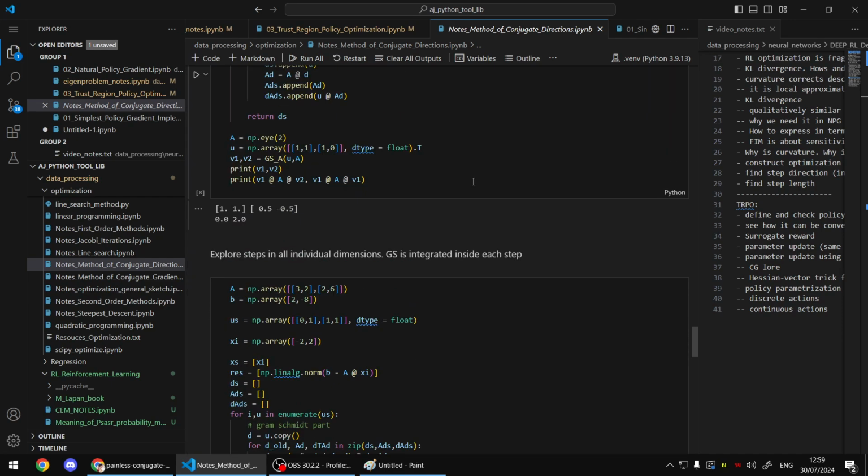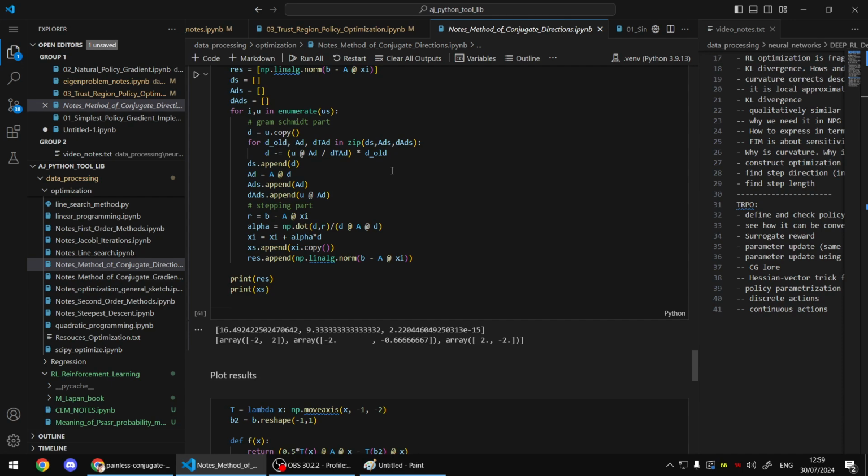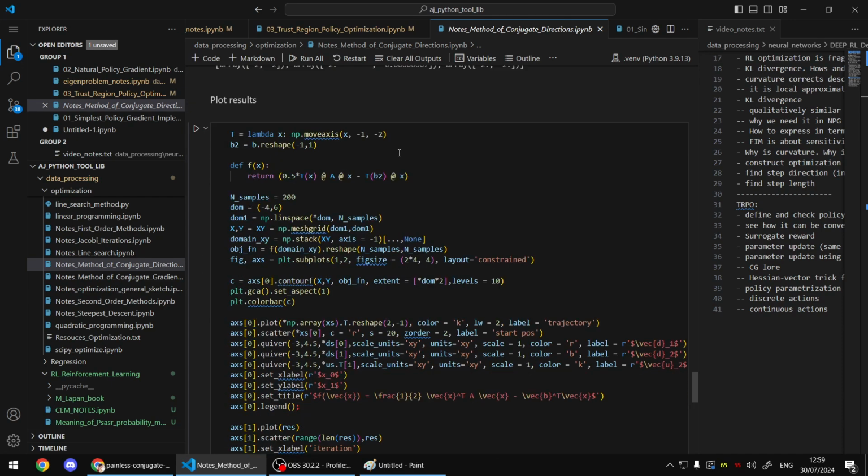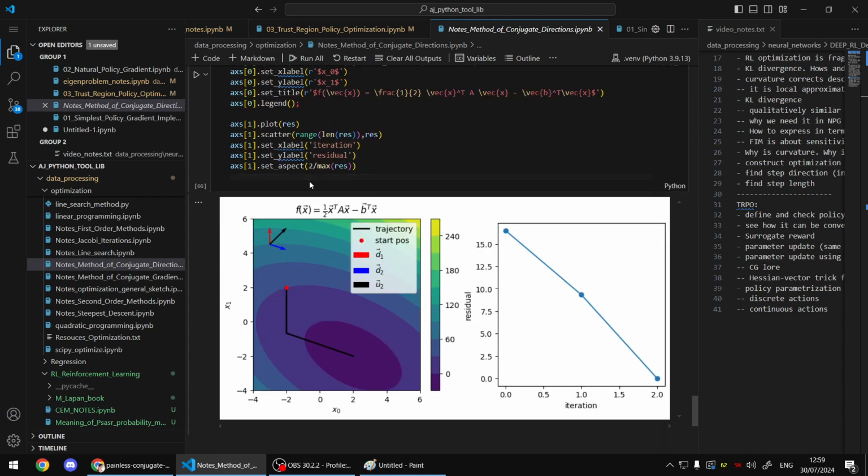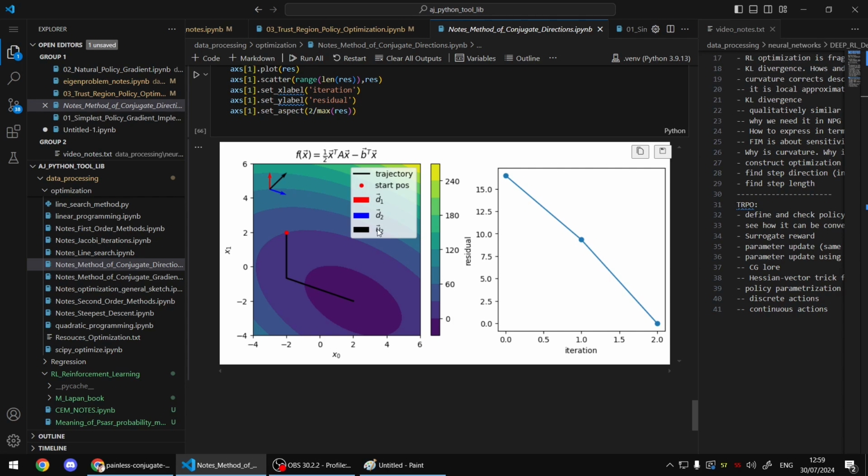And in fact, in this conjugate direction method, you supply just a list of n vectors, you orthogonalize them, and it turns out, like in this example, u1 and u2 are independent, and we orthogonalize them into d1 and d2.